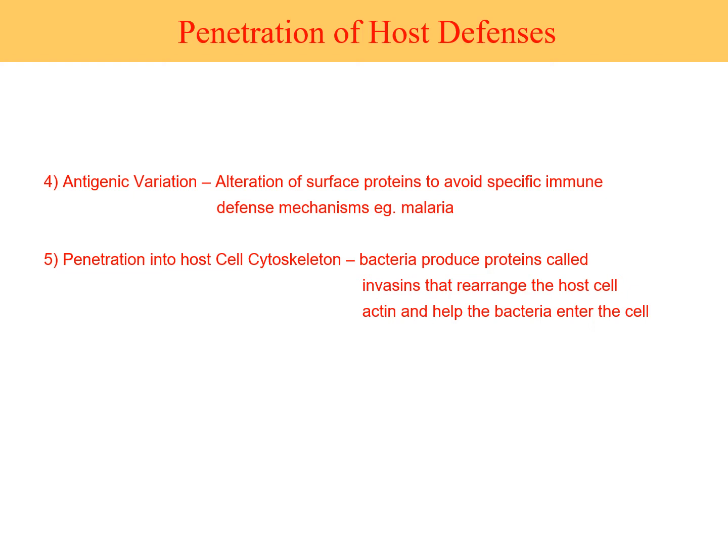So if they've infected an individual, the individual may develop antibodies or a T-cell defense targeting that protein. But if they change the proteins expressed on the surface, then it's like a whole new organism, totally different, that your immune system has never seen, and they can do this multiple times.